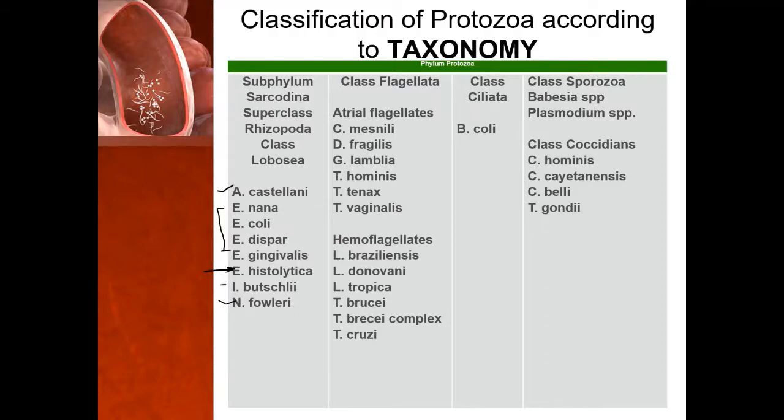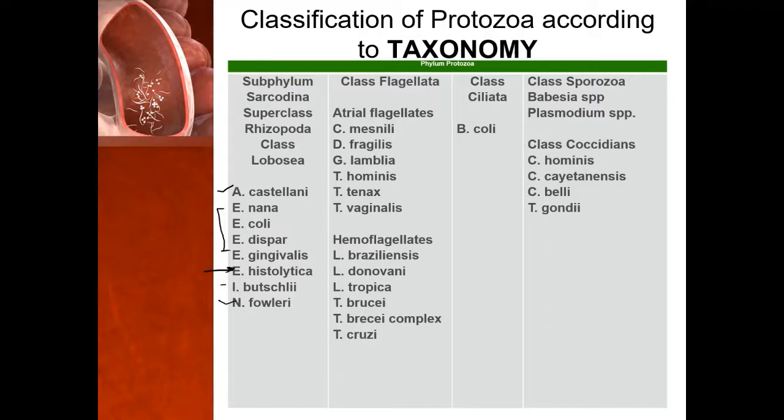Next, under the phylum Protozoa, we have the class Flagellata. In the atrial flagellates, we have the Chilomastix mesnili, the Dientamoeba fragilis, Giardia lamblia, Trichomonas hominis, Trichomonas tenax, Trichomonas vaginalis.